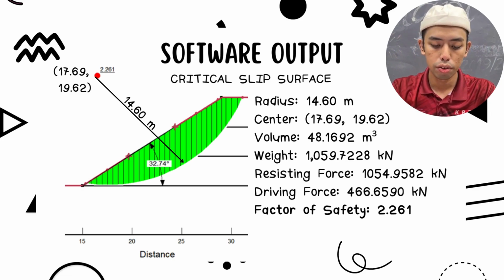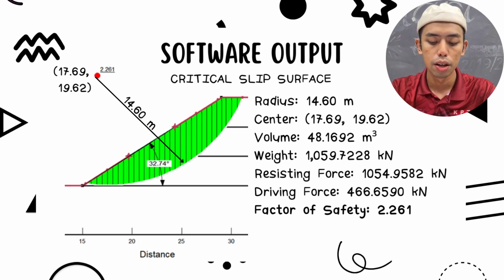The volume of the slip surface is 48.1692 meter cube, and the weight is about 1000 kilonewton. So the software calculated that the resisting force for this slip surface is about 1054 kN, while the driving force is about 466 kN. So dividing resisting force with driving force, we get the factor of safety.